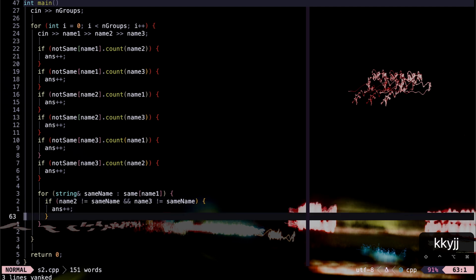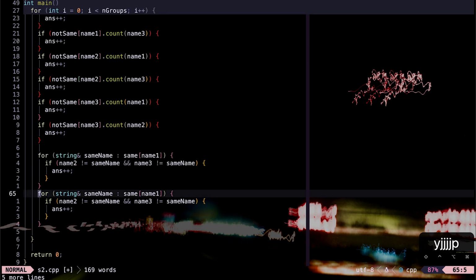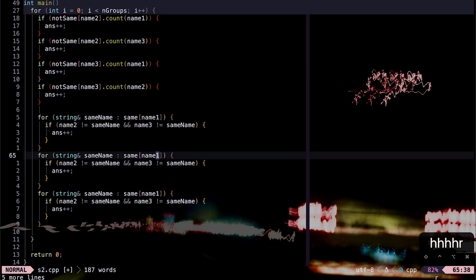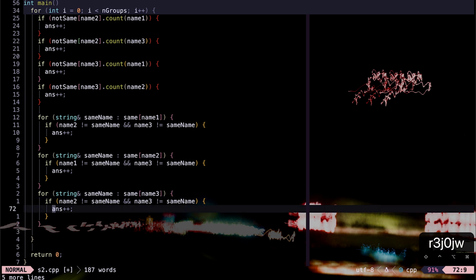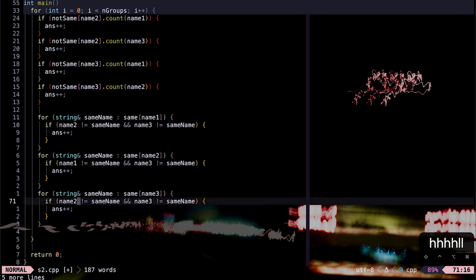And we can have the same thing, but this is the worst code I've ever seen. But do the same thing for 3 and here.